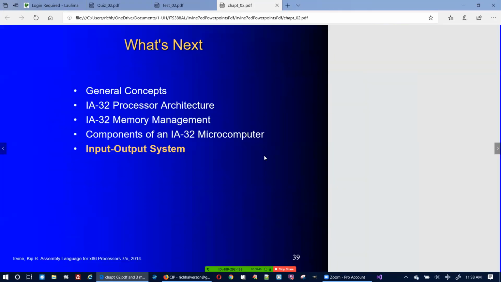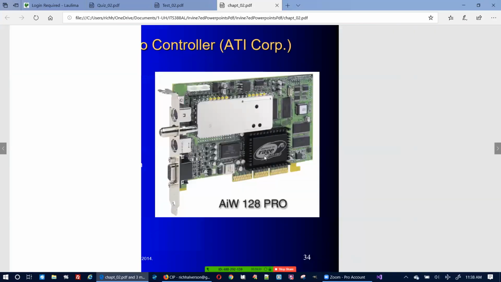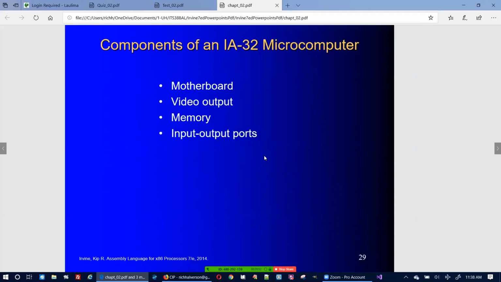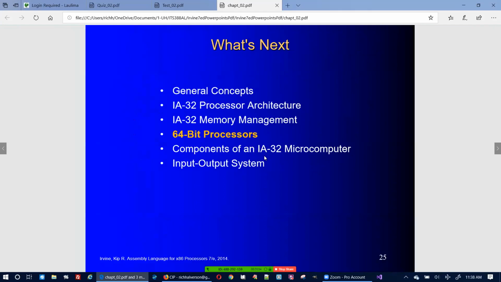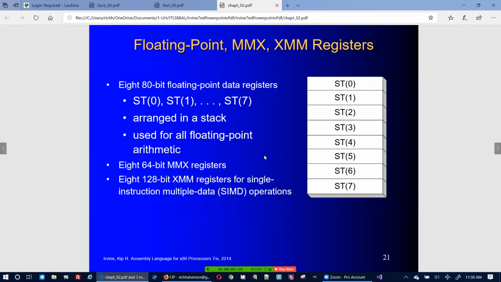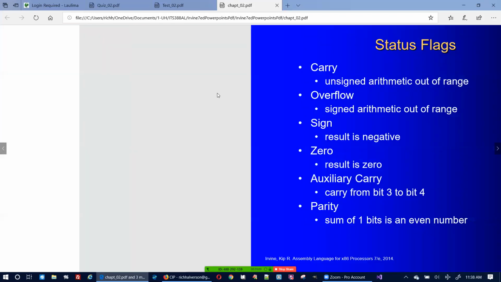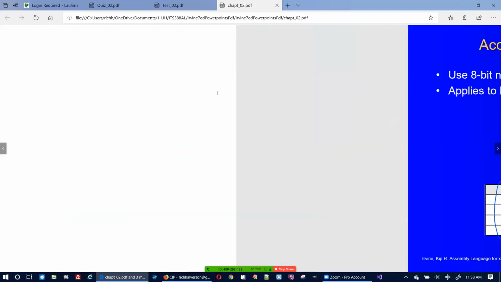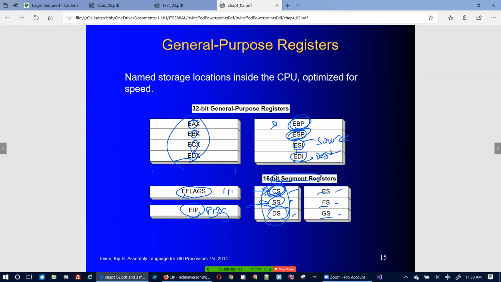What is the really important part? The register set. The register set's the most important part in this. These status flags and these registers. This is the most important diagram from this chapter, I would say, because you're going to be reading and writing these things all the time.